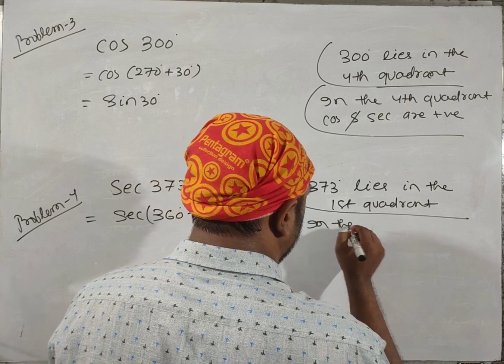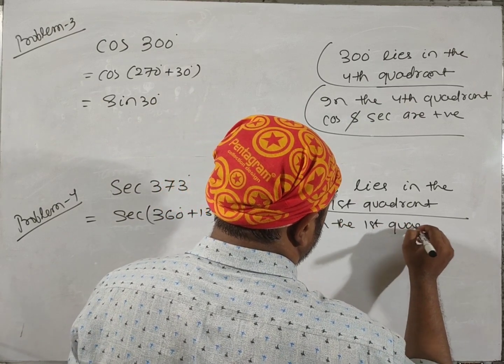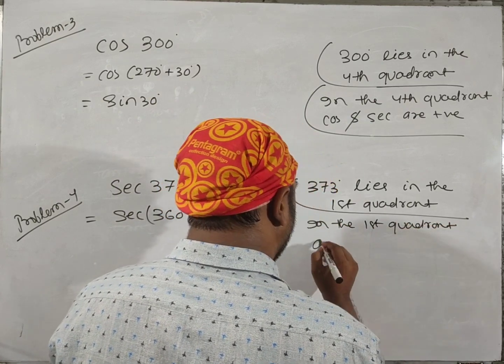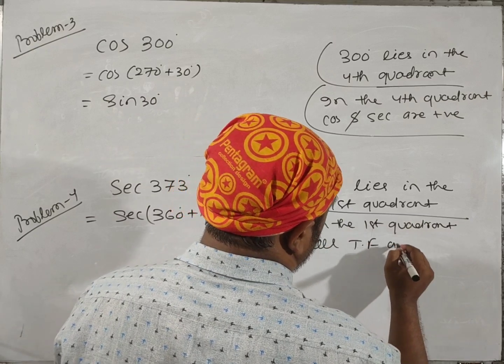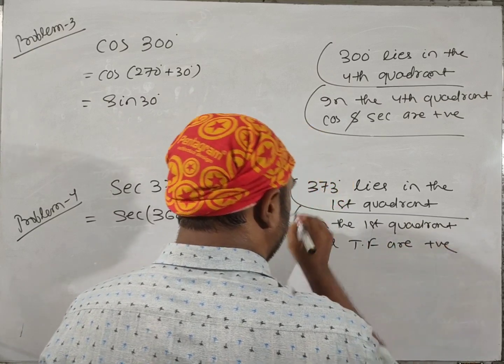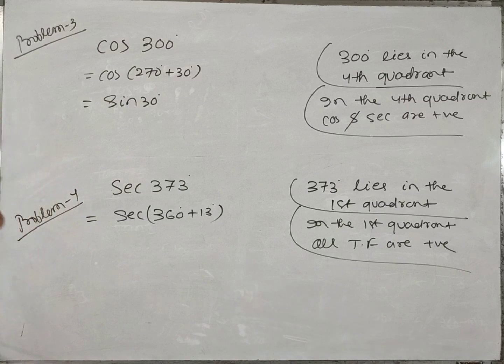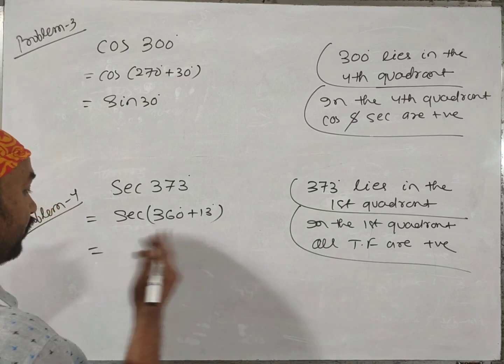In the first quadrant, all trigonometric functions are positive. That means there is no question of a negative sign.